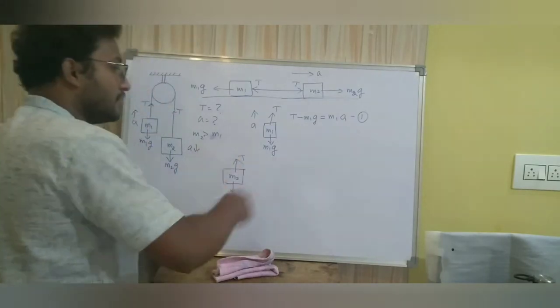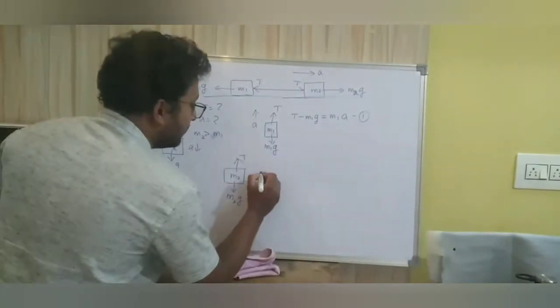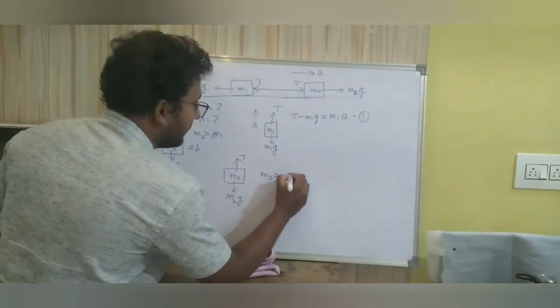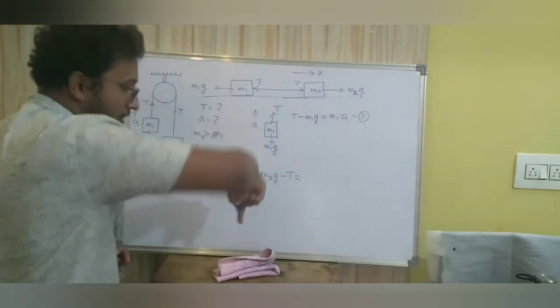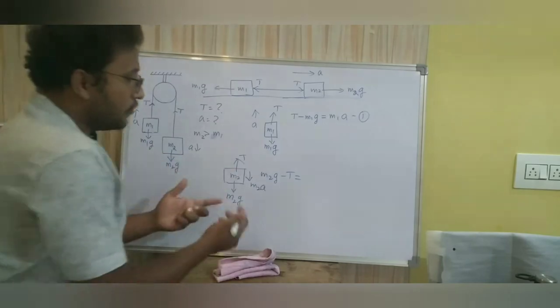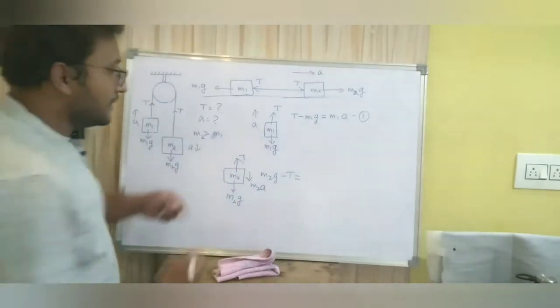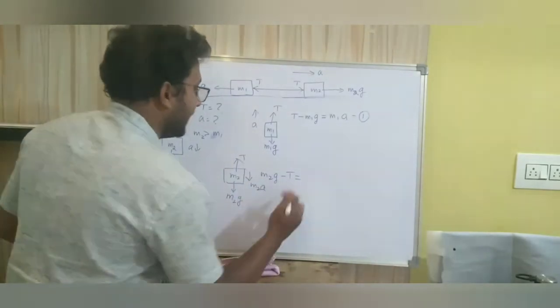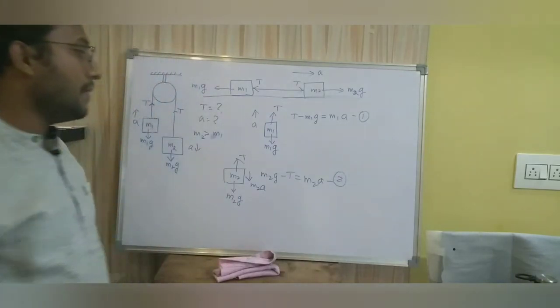So the dynamic equation is m2 g minus T equal to the total net force acting on m2, which is m2 into a, the result of these two forces in opposite directions. Let me call this equation number 2.